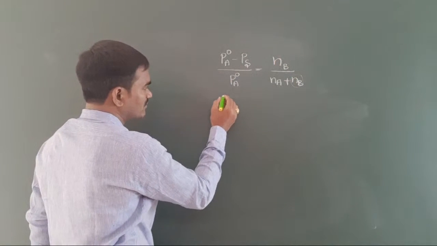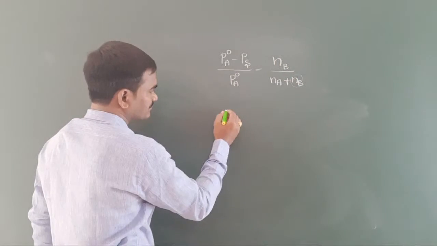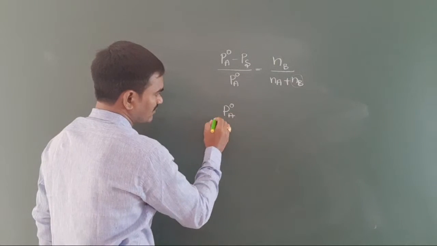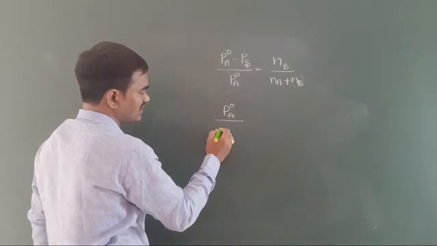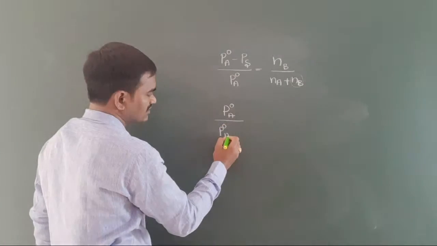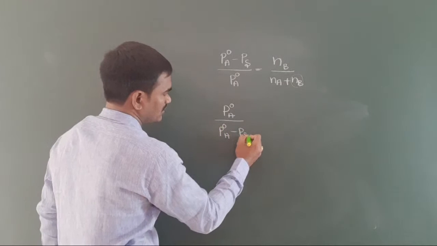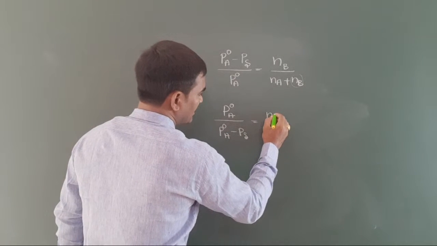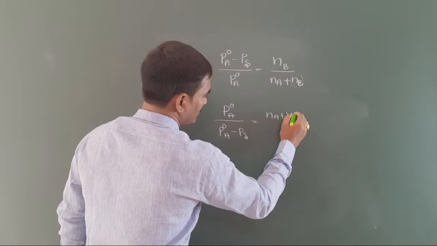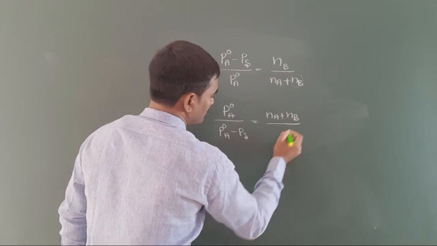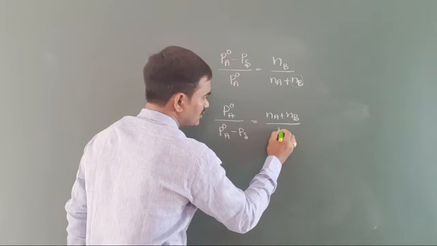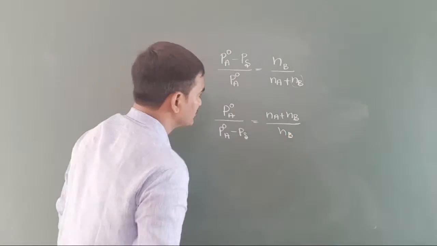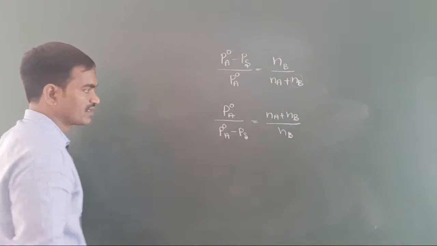So can we write like this? P naught A, by the above equation I am changing it like this. Any doubt, you can ask me, I will reply. P naught A is equal to, what is that? Na plus Nb, number of moles of solvent plus number of moles of solute, by number of moles of solute, B. Up to here clear?